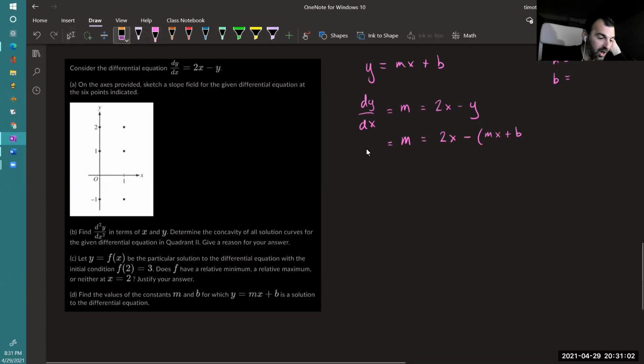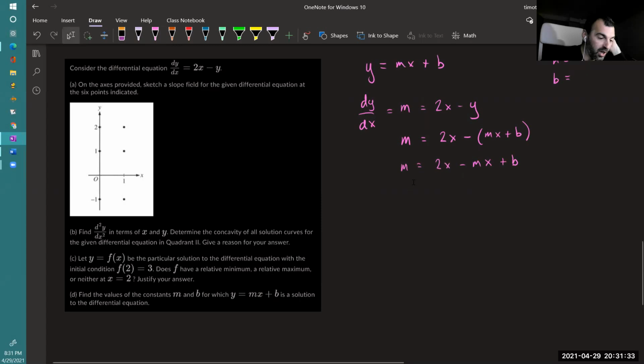I just took that y and replaced it. Now I'm going to distribute my negative sign and get m equals 2x minus mx minus b. Now you're thinking, oh man, I have a lot going on here.